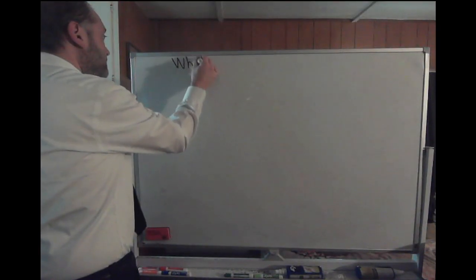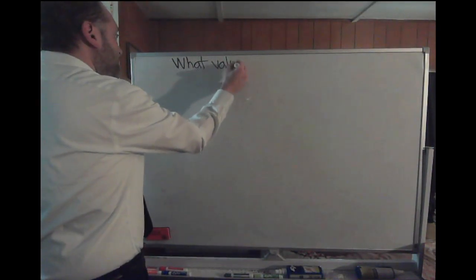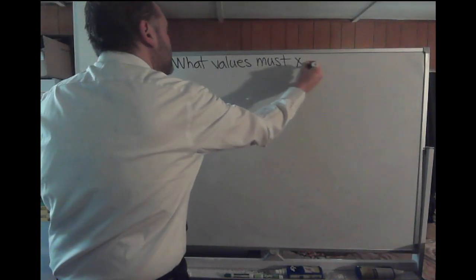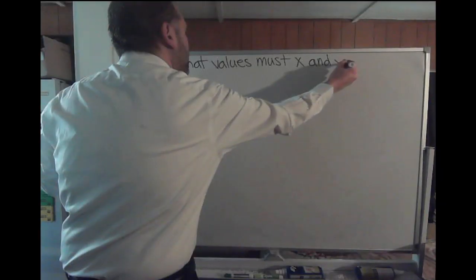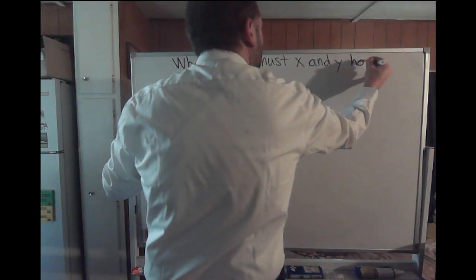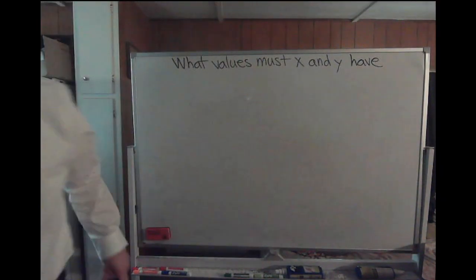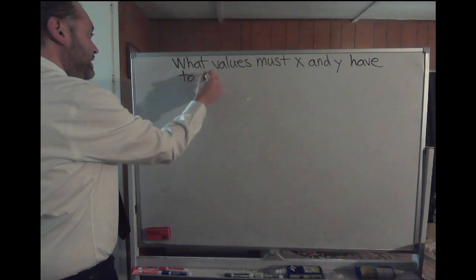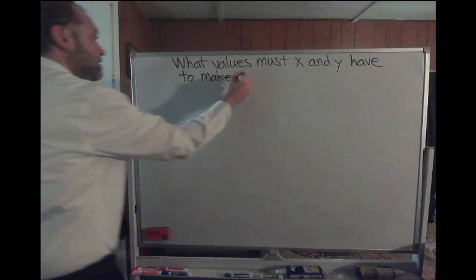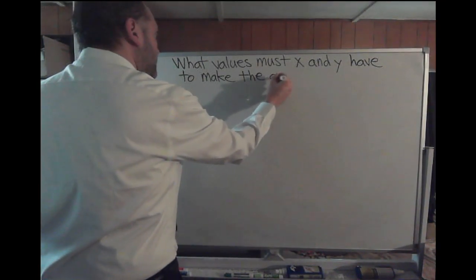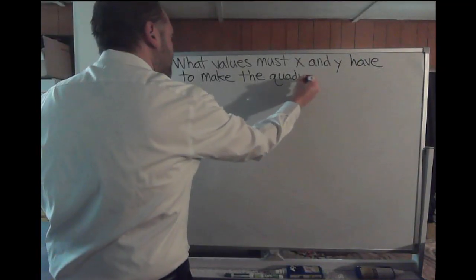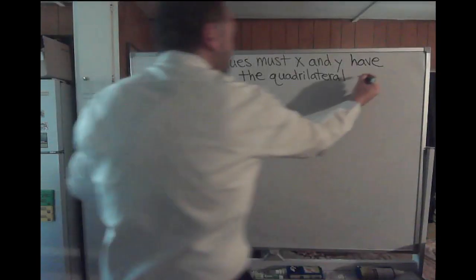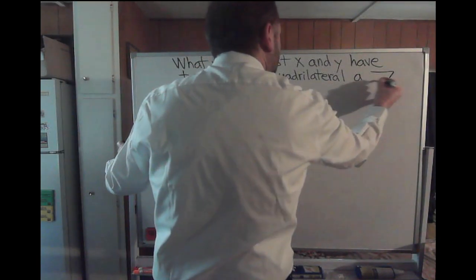What values must x and y have to make the quadrilateral a parallelogram?